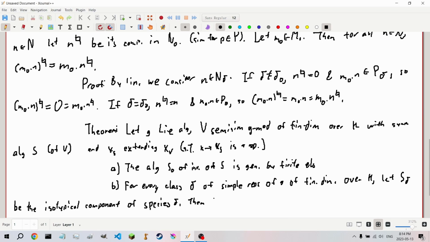Then the isotypical component of species delta is a finitely generated S0 module.